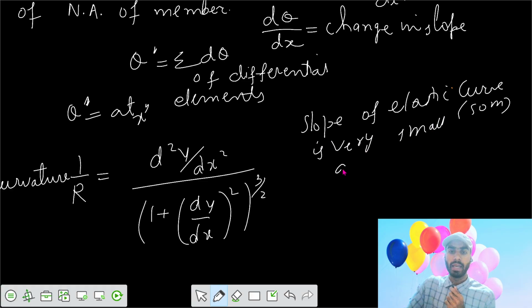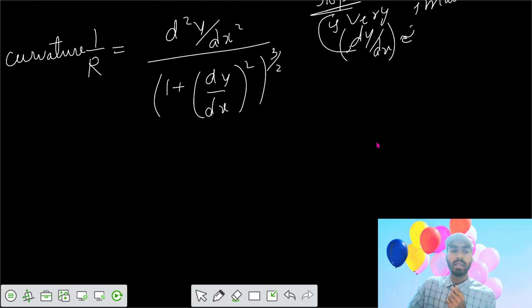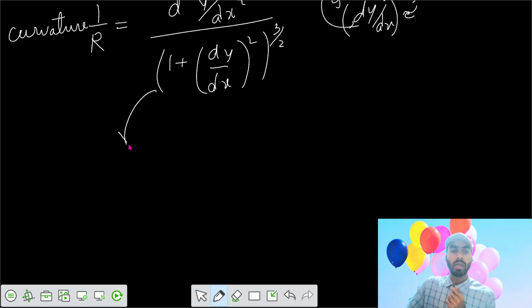That dy by dx is very small, so we can ignore it. The bottom term, 1 plus (dy by dx) whole squared to the power 3 by 2, is almost equal to 1. Then we get the relation that curvature of the beam equals d2y by dx2.